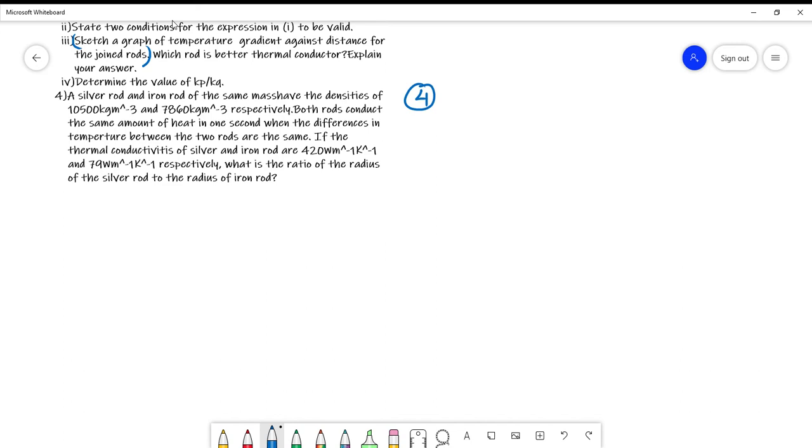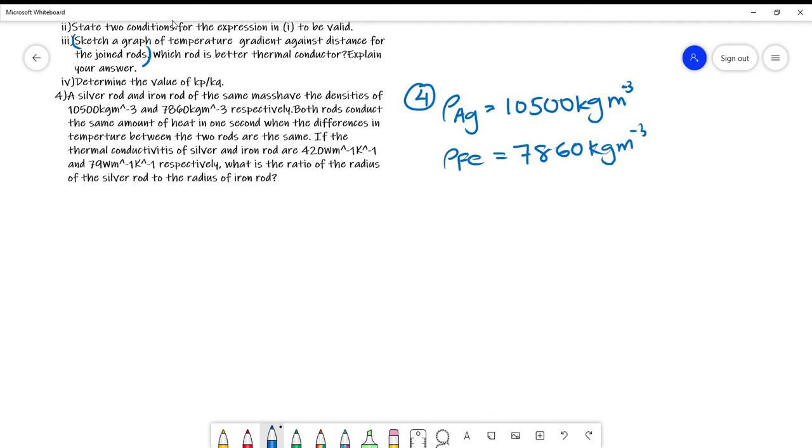This question is actually a popular question for the STPM. So the iron rod has a density of 7860 kg per meter cube, and the silver 10500.